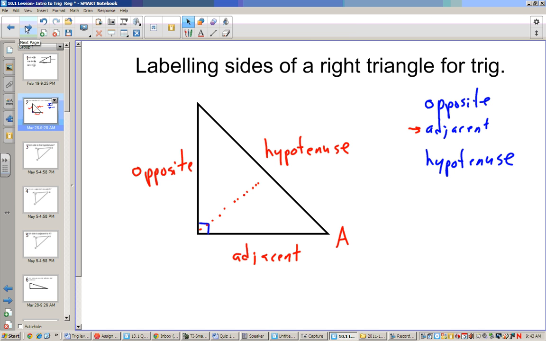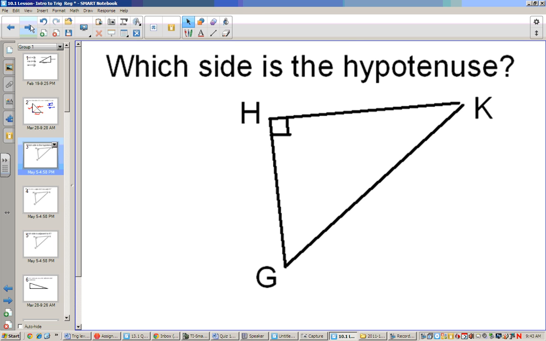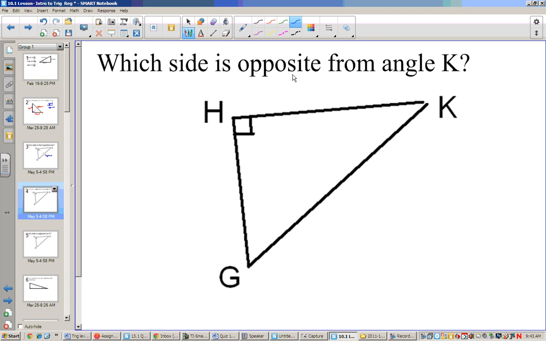So let's look at a different triangle. Now in this triangle, first let's label the hypotenuse. Across from the 90-degree angle, this side over here is going to be the hypotenuse. Now the next thing says, what side is opposite from angle K?